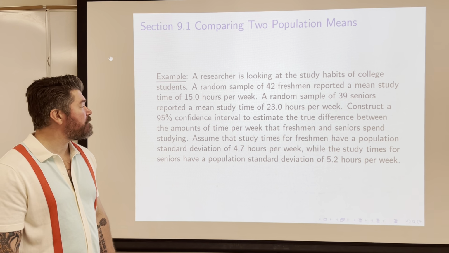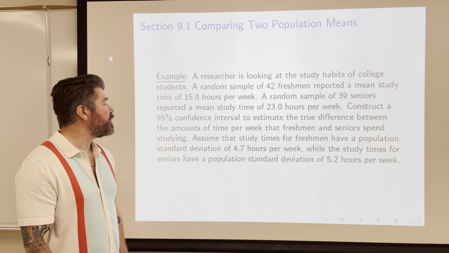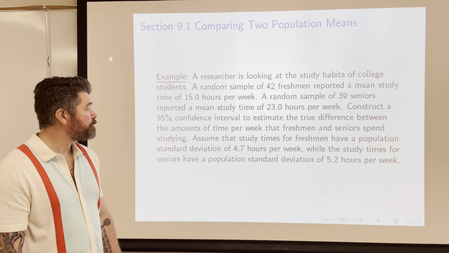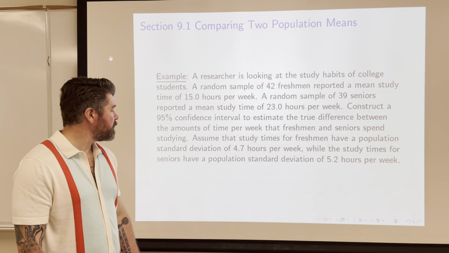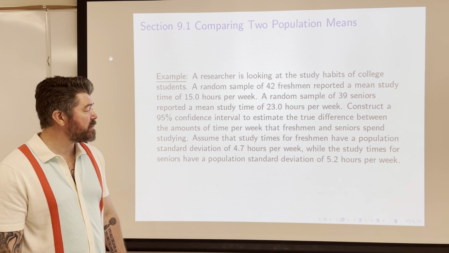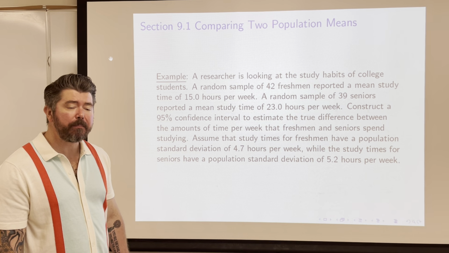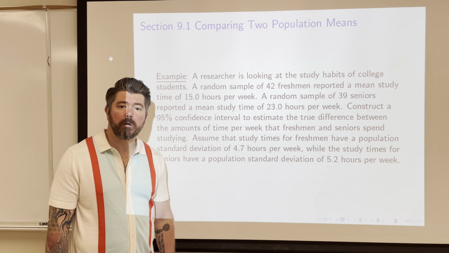Construct a 95% confidence interval to estimate the true difference between the amounts of time per week that freshmen and seniors spend studying. Assume that study times for freshmen have a population standard deviation of 4.7 hours per week, while the study times for seniors have a population standard deviation of 5.2 hours per week.